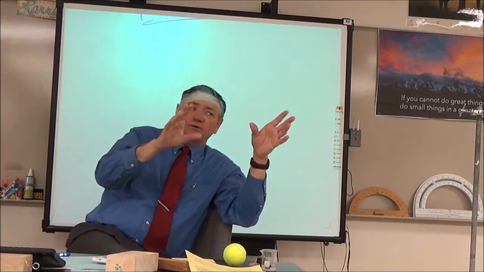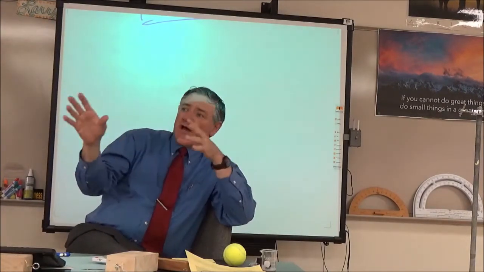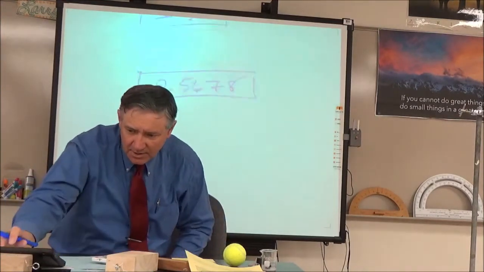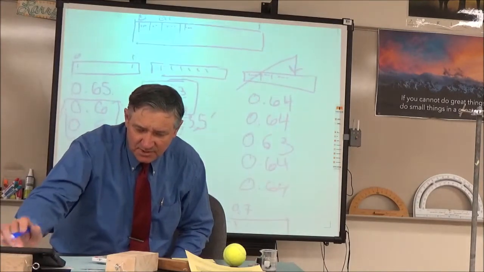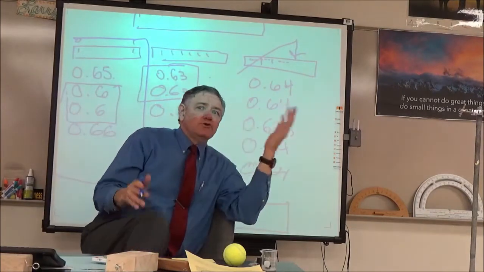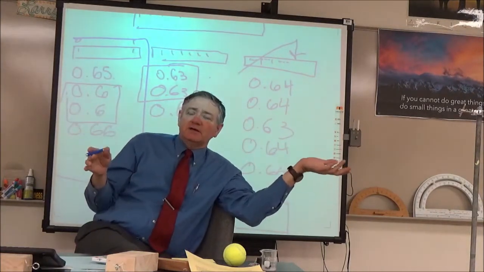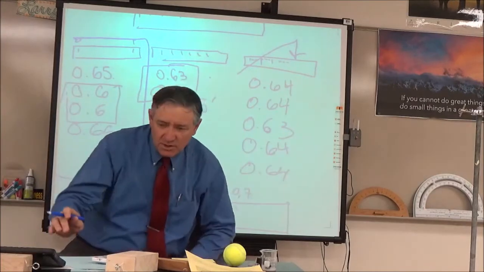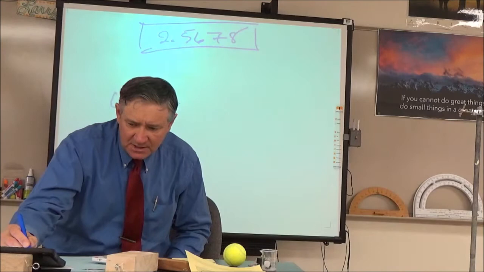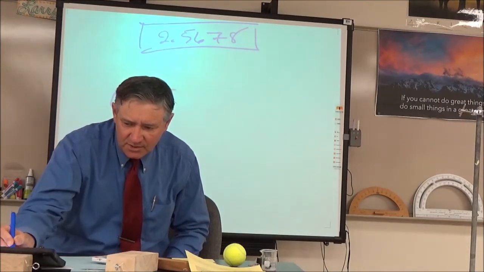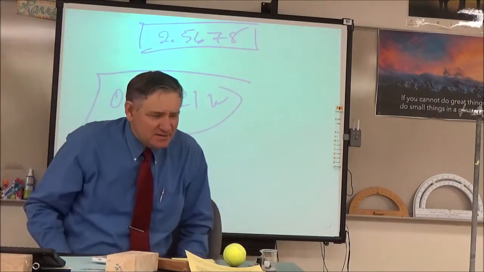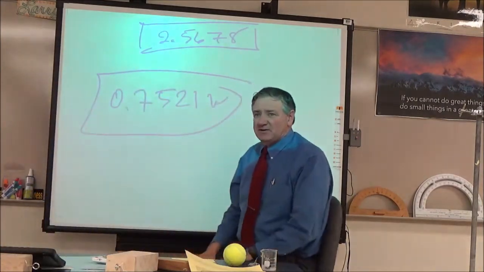If you have really good data, you can have really good answers. If your measuring device is only marked off to 0 and 1, you don't have really good data. So when you do calculations, you can't go, oh, my answer is 0.7521 widgets. So let's say you multiply, add, subtract, whatever. You do some mathematical calculation.